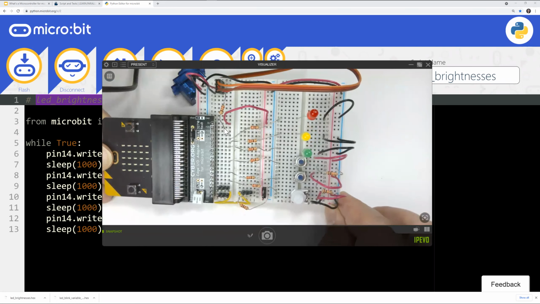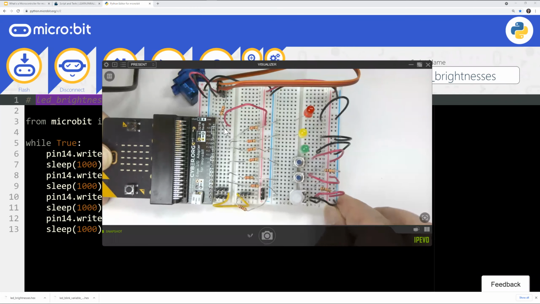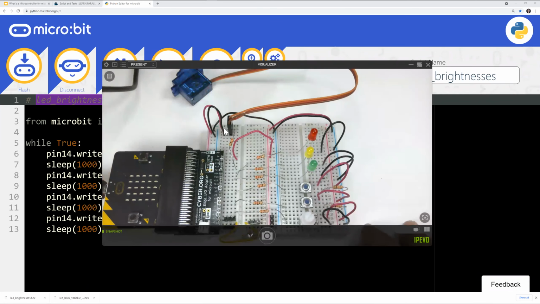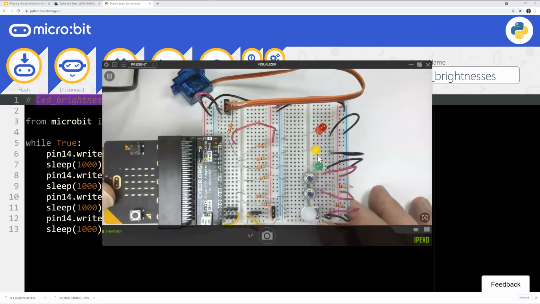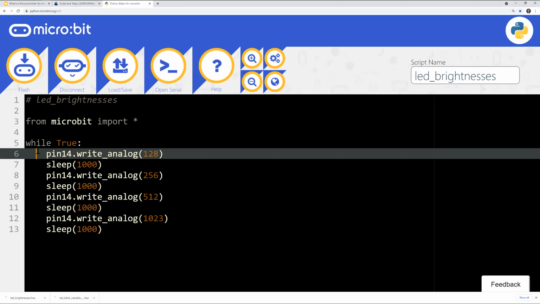Because the brightness is actually a rapid series of on-off signals where the on time is controlled, as we introduced in the previous activity, the camera is not sampling it fast enough, so we can't really see it on my video. But I'm hoping that if you look down at your light, you will see it cycling between 4 distinct brightnesses.